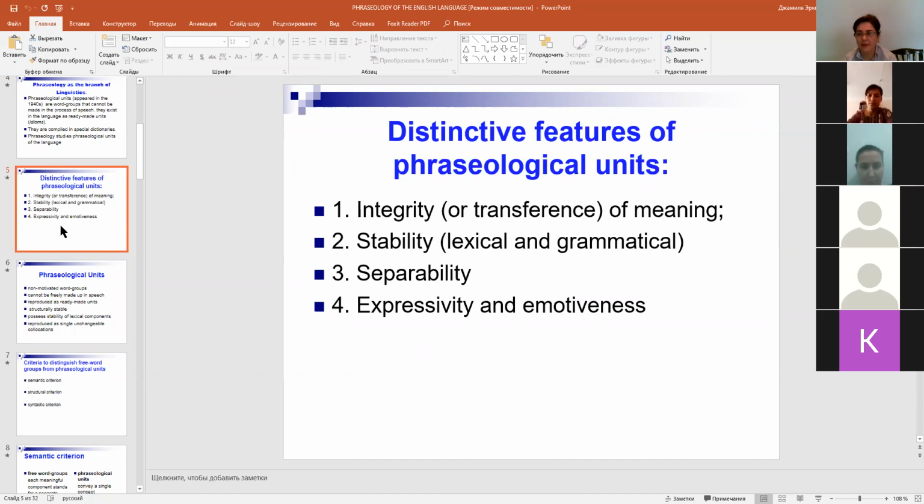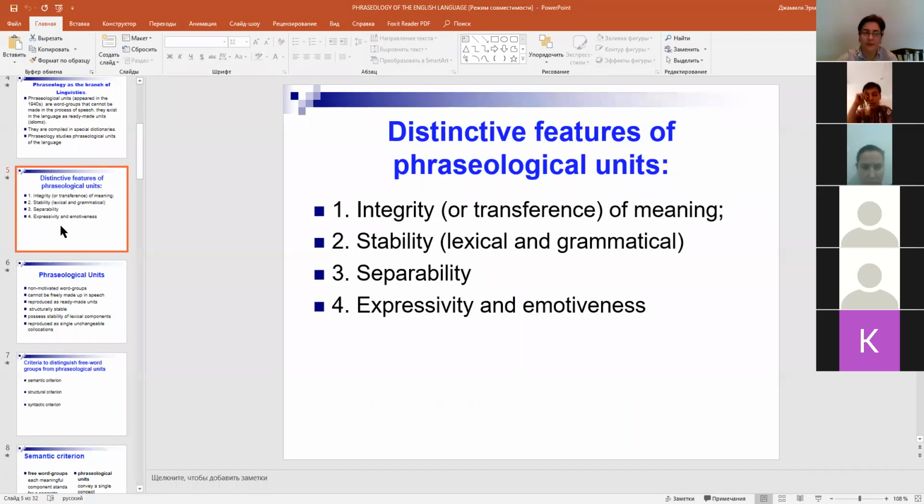They are stable, both lexically and grammatically. The meaning is stable. And separability, the category of separability is used in phraseological units.